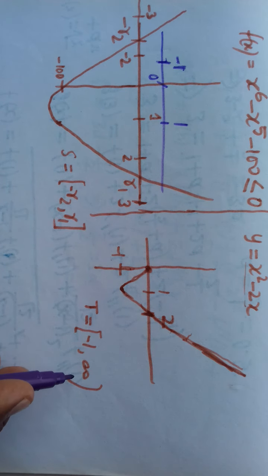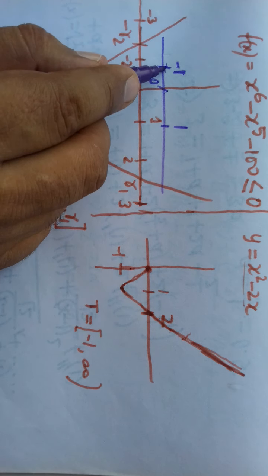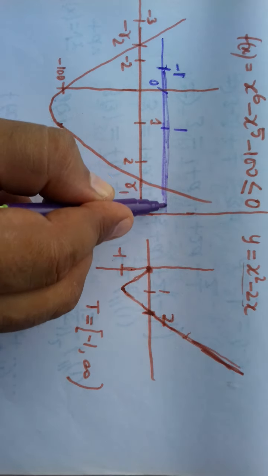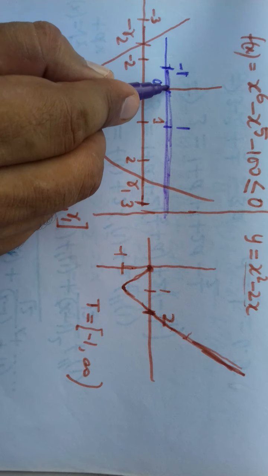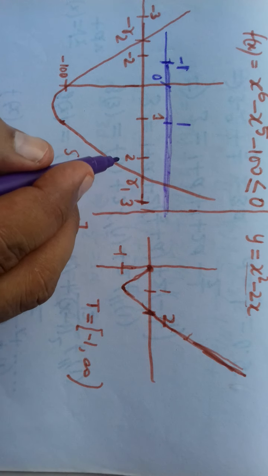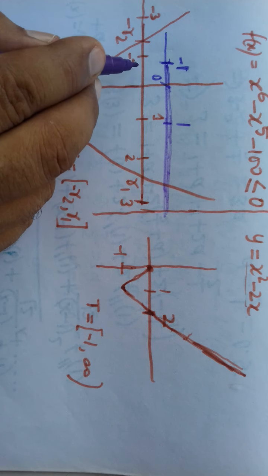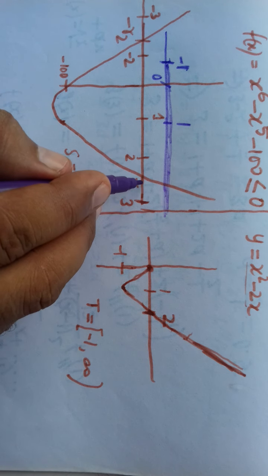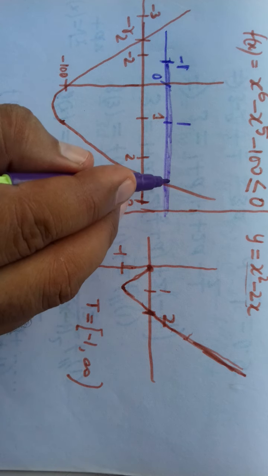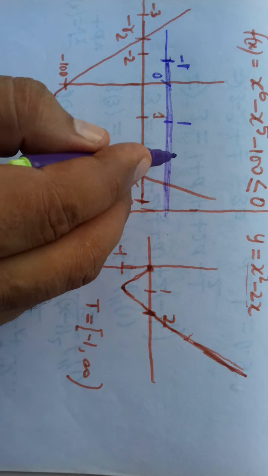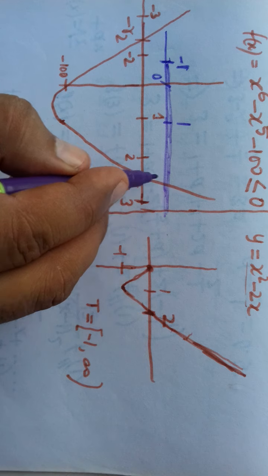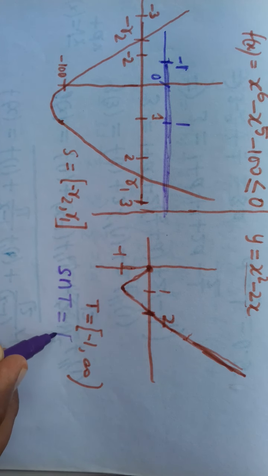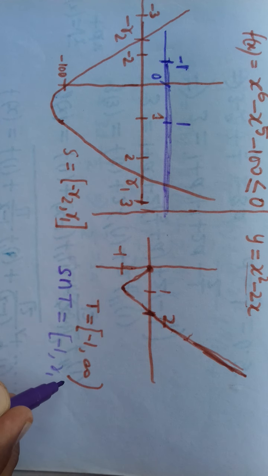So this is minus 1 to infinity, and this line will go to infinity from this point. The first set is from minus r2 to r1, and the second is minus 1 to infinity. So the intersection of these two, S intersection T, will be minus 1 to r1.